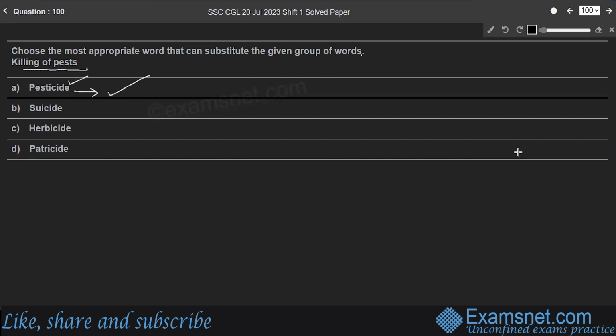Therefore, option A is the right answer. Whereas among the remaining options, suicide means killing yourself on purpose. Herbicides are chemicals for killing or inhibiting the growth of unwanted plants like weeds. Patricide means the killing of one's father. So for the given question, option A is the right answer.